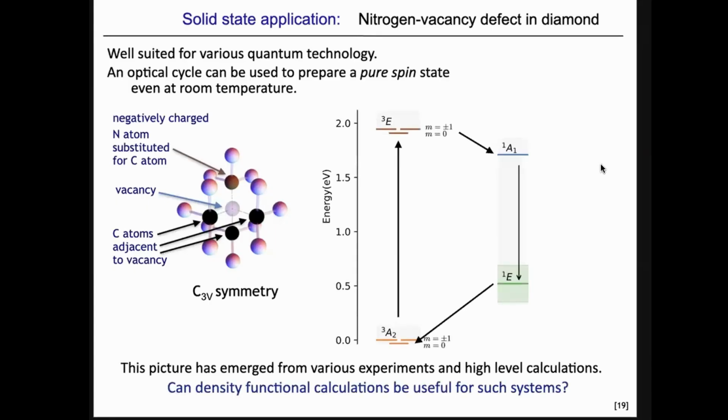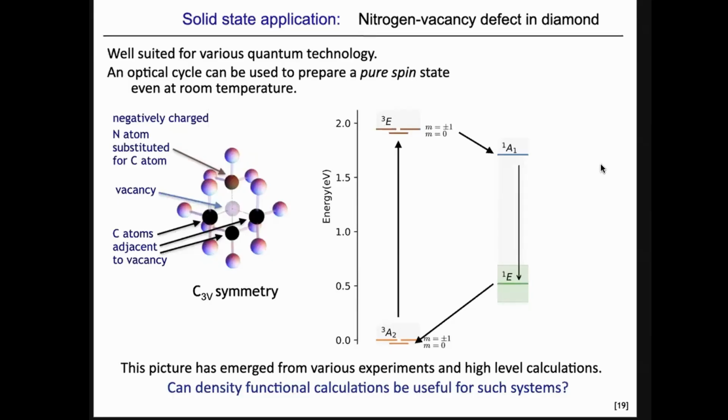What is known experimentally is that one can prepare a pure spin state here in an optical cycle. So you have a triplet ground state here, and there will be different sublevels of the triplet, m equals 0 and plus minus 1. And then one can excite to a triplet state. There will be some chance of intersystem crossing to an excited singlet state, and then that singlet excited state comes to a singlet ground state.